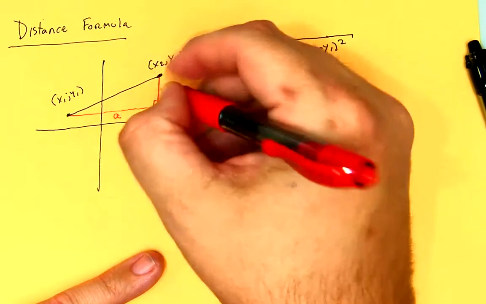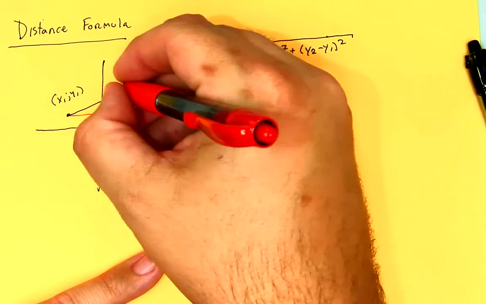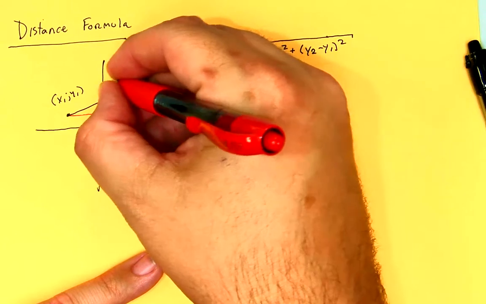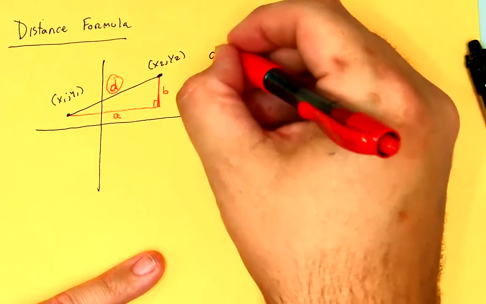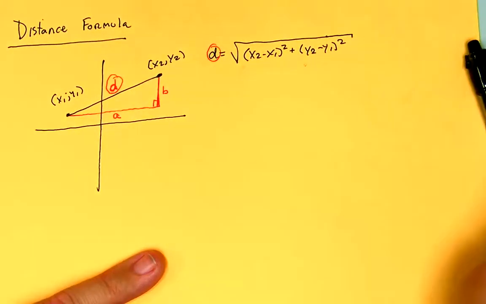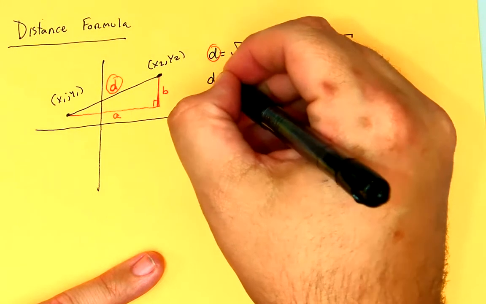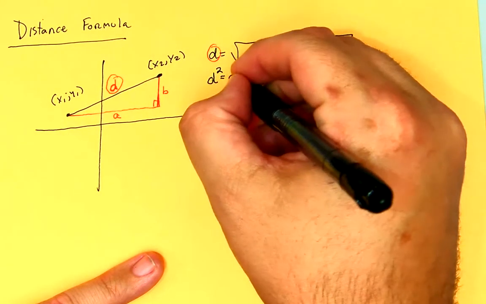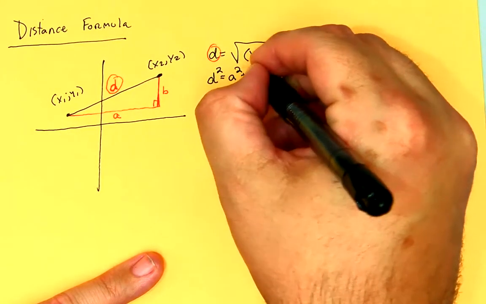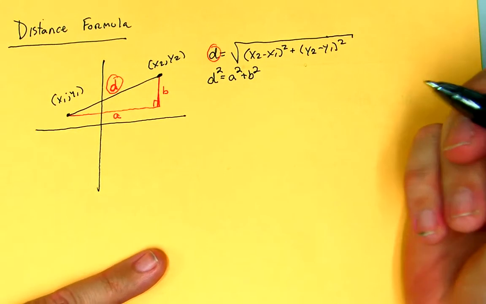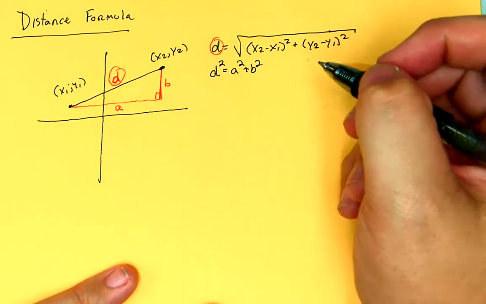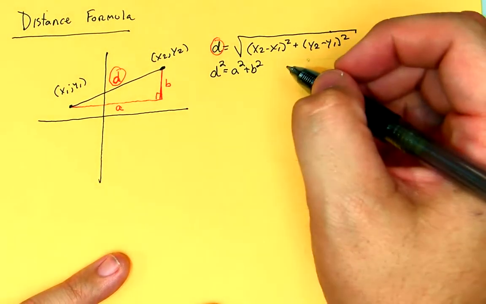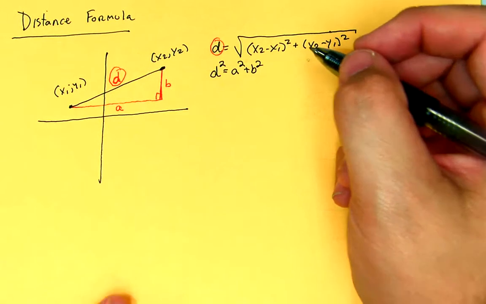Figure out your A here, your B here, and this is your distance that you're looking for. So that's your distance. That's this number right here. Your distance squared can be equal to A squared plus B squared if you know what those answers are. But there's also a different way that you can do this, and when I get to my example, I'll show you.